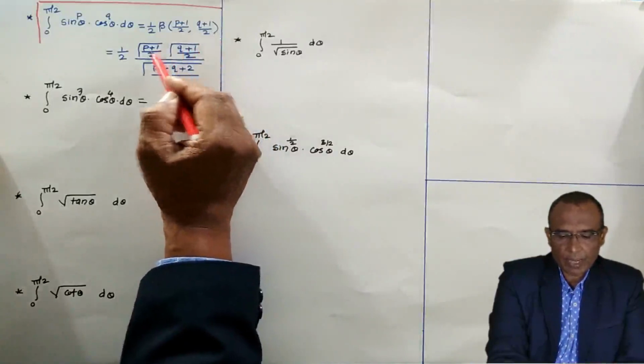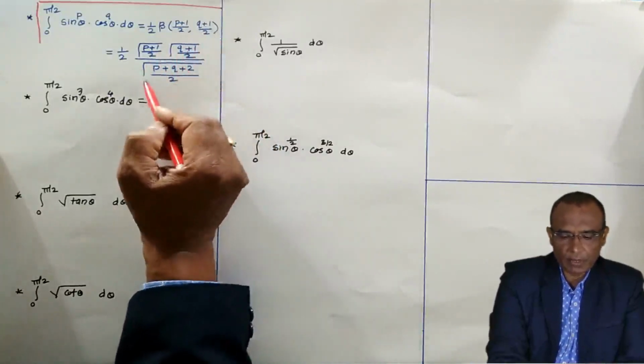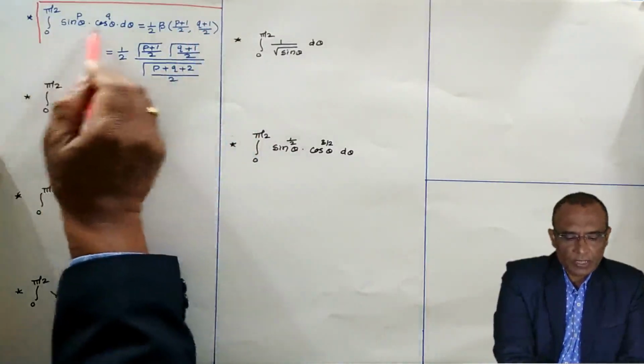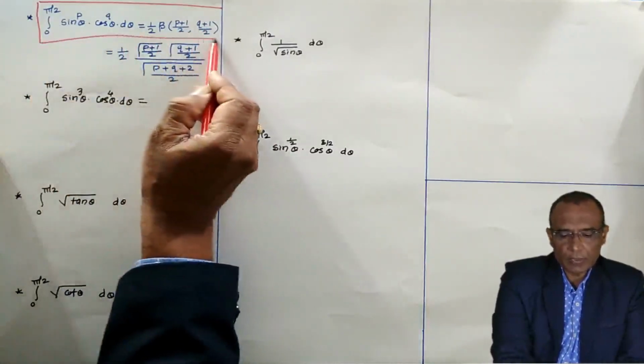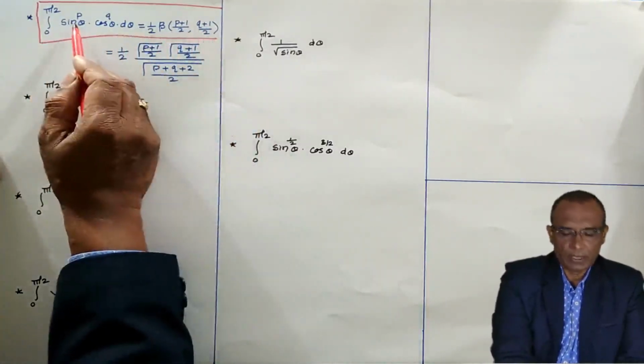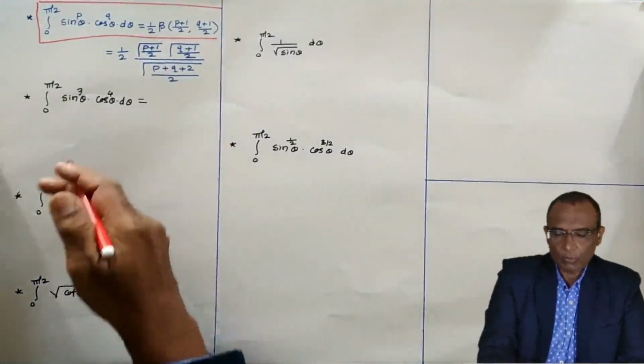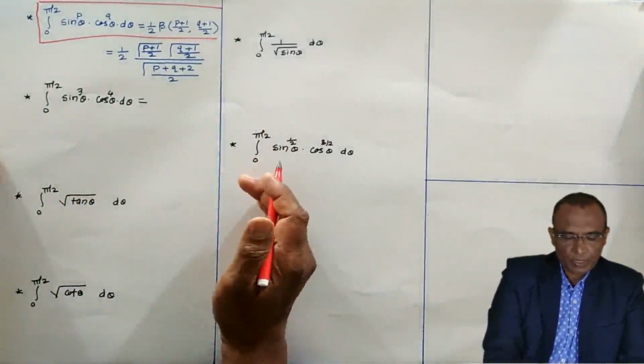So the value of this integral in terms of beta and the value of the same integral in terms of gamma. In examination, a problem of this type may be asked.